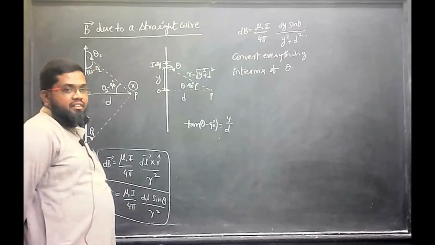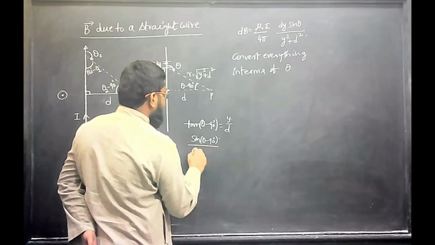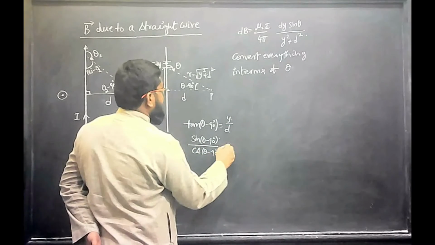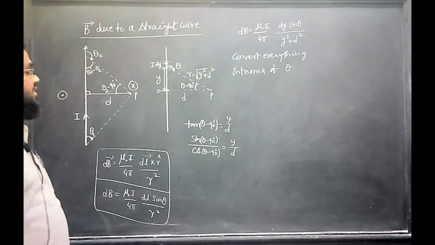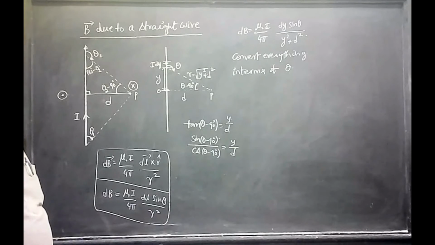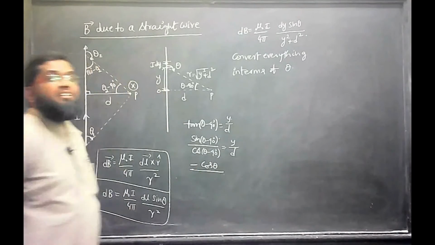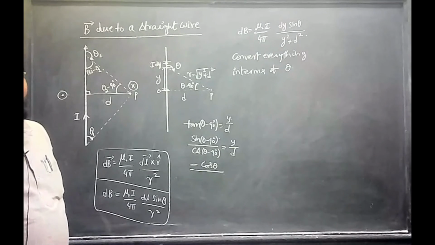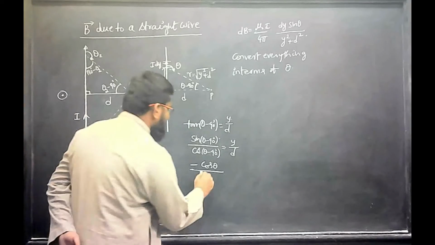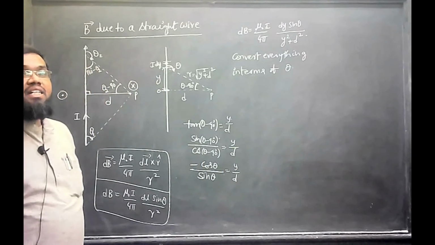You can write sin of theta minus 90 divided by cos of theta minus 90, which gives minus cos theta by sin theta, that is minus cot theta.